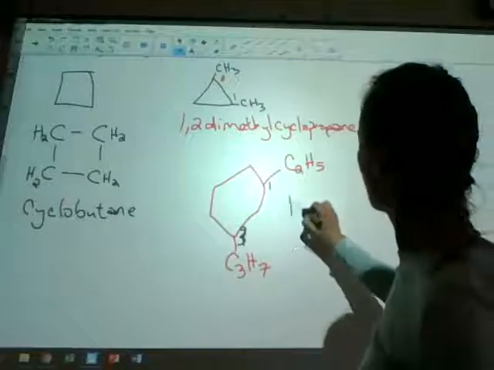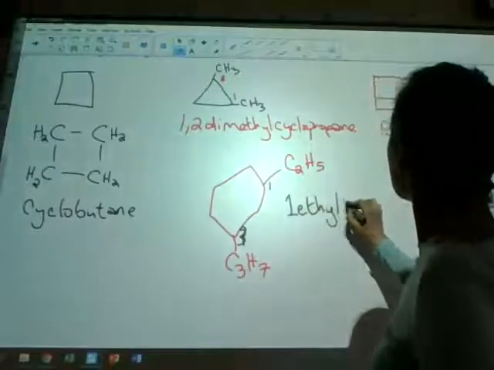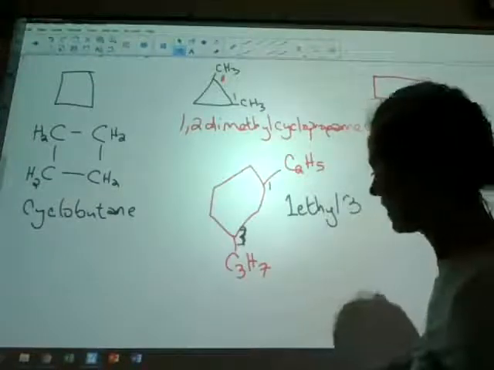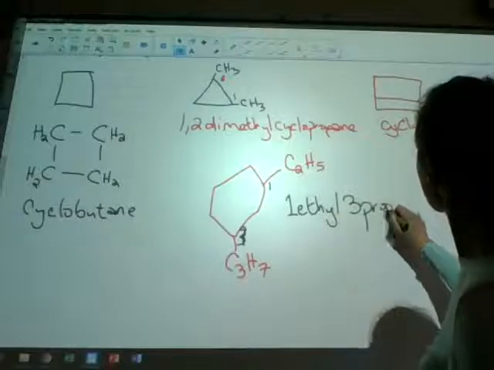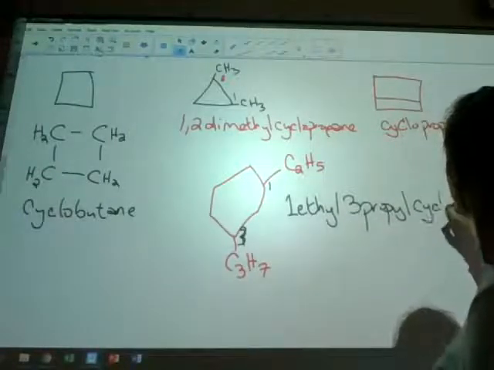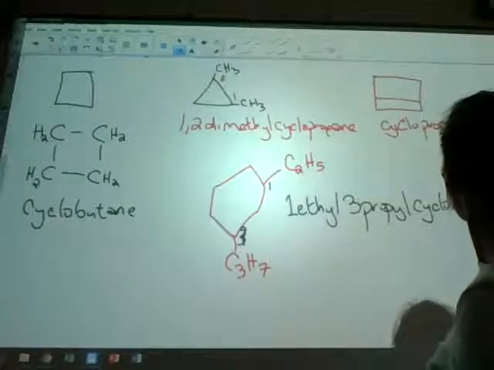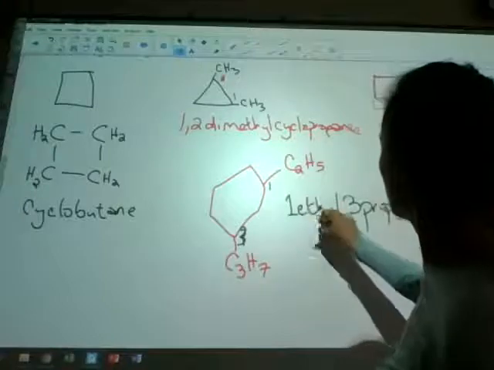So this would become 1 ethyl, 3 so ethyl because there's 2 carbons, 3 propyl, and then cyclohexane. So on the first carbon, there's a 2-carbon chain branch.